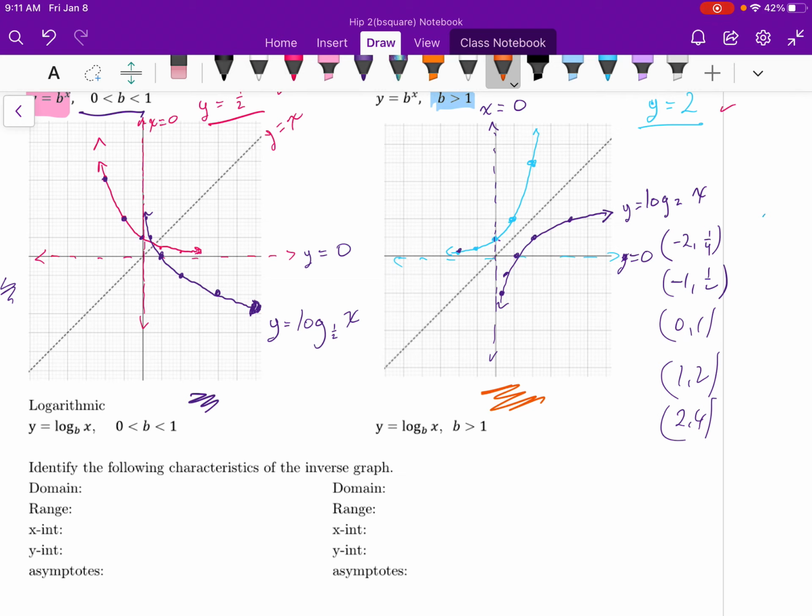Identify the following characteristics of the inverse. Well, I'm going to start off with the left-hand side, the inverse of the log function, of the purple functions. So the left-hand graph, the domain looks like, well, what can x be? 0 to infinity.